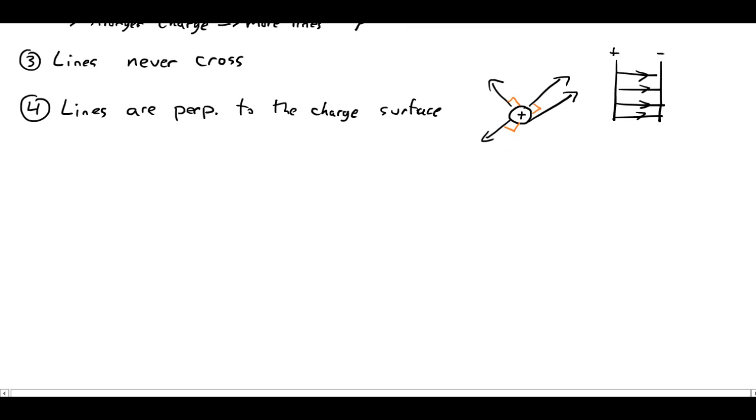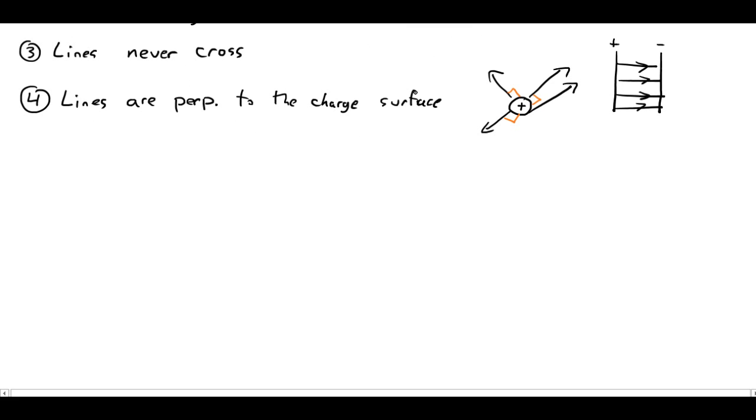So again, let's just look at one quick example. We've already looked at several small examples, but let's say we have 3 charges, 2 of them positive, and then 1 of them negative. And we want to draw our electric field lines for this arrangement. And so we'd start by drawing our field lines from the positive charge to the negative charge, and I'll put some arrows to indicate our direction.